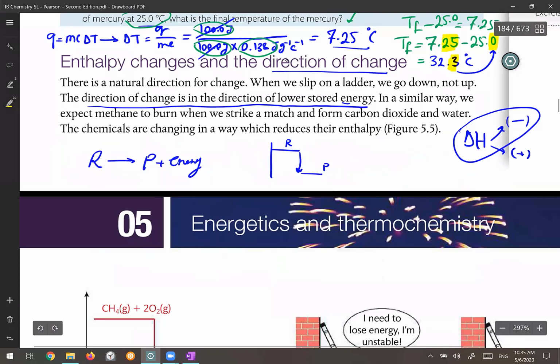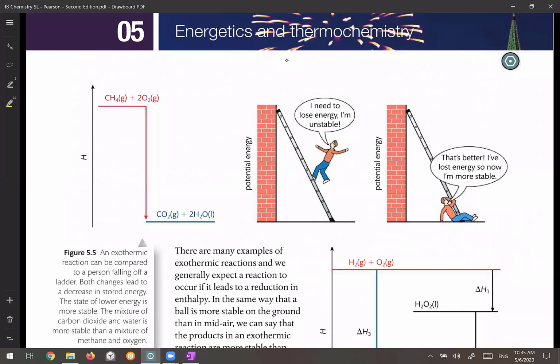So if you slip from the ladder, obviously you don't go up, you fall down, because by falling down your potential energy decreases, and when you are on the floor you become more stable. So the direction of any change in nature is in the direction of increasing stability, meaning lowering the energy. So that's why in most reactions, the exothermic reaction is favored. So the reaction happens if that one is exothermic.